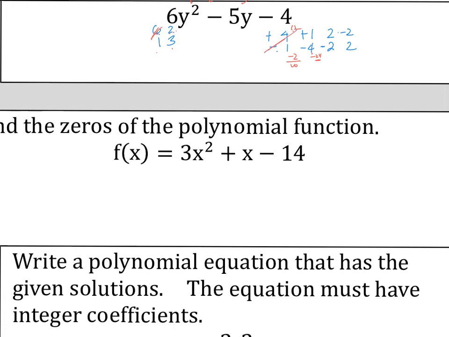Now here, 2 times negative 4 makes negative 8. 3 times positive 1 makes 3. 3 plus negative 8 makes negative 5. So we found the coefficient of negative 5. So 2, 3, and positive 1 and 4. Okay? So here we can factor 2y plus 1, 3y minus 4.